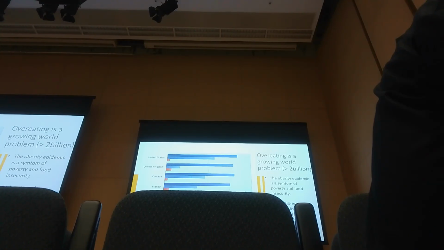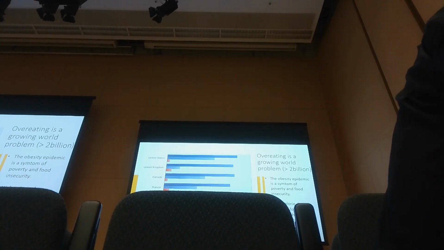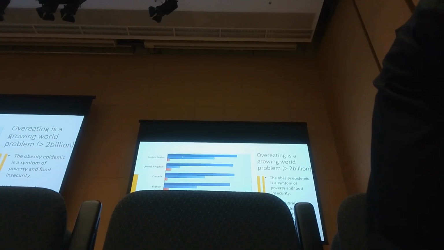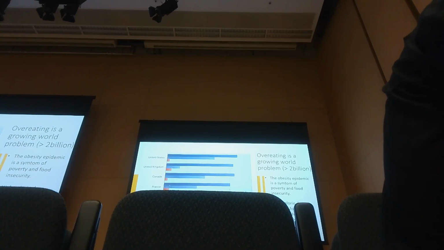You can see for developed countries like the United States and United Kingdom, in 2010, the underweight data shows very small numbers of underweight people, right? Basically, the percentage is maybe less than 5%, or less than 10% at the maximum.